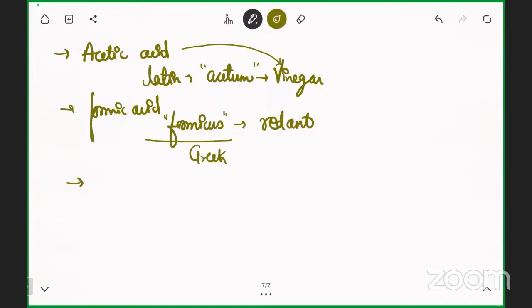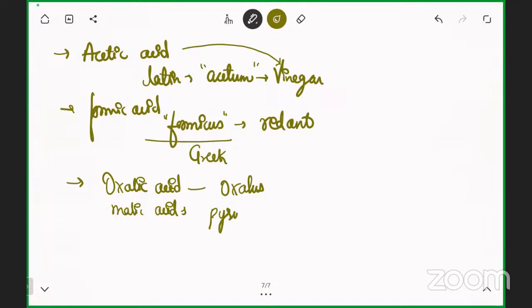Third example, oxalic acid, from the word oxalis. Malic acid, the name is Pyrus malus. Then citric acid, the name is citrus. So these are the botanical sources from where we are getting them.